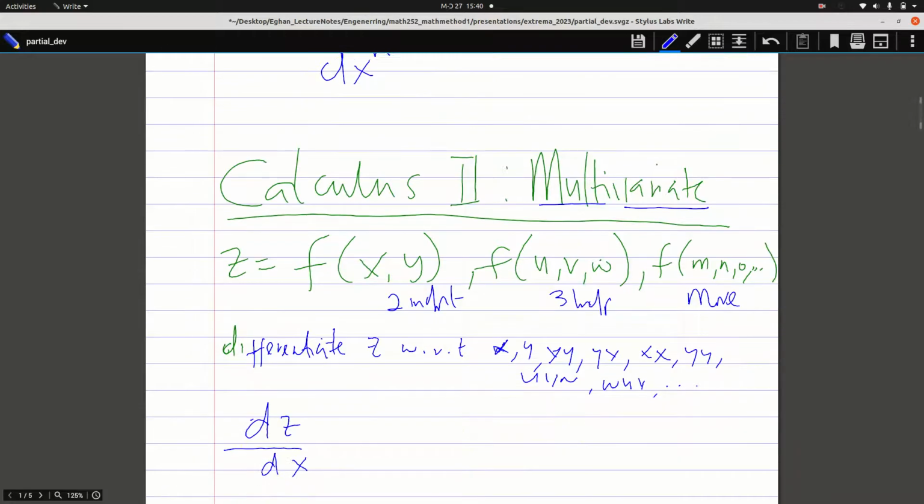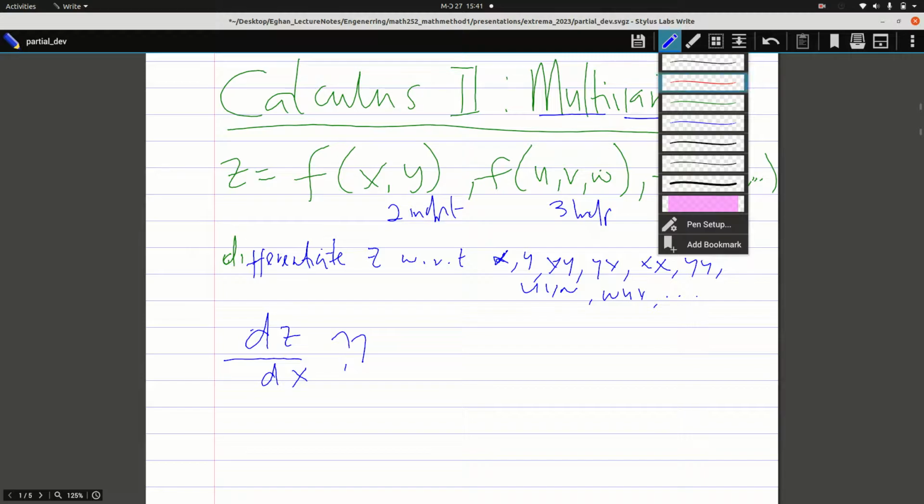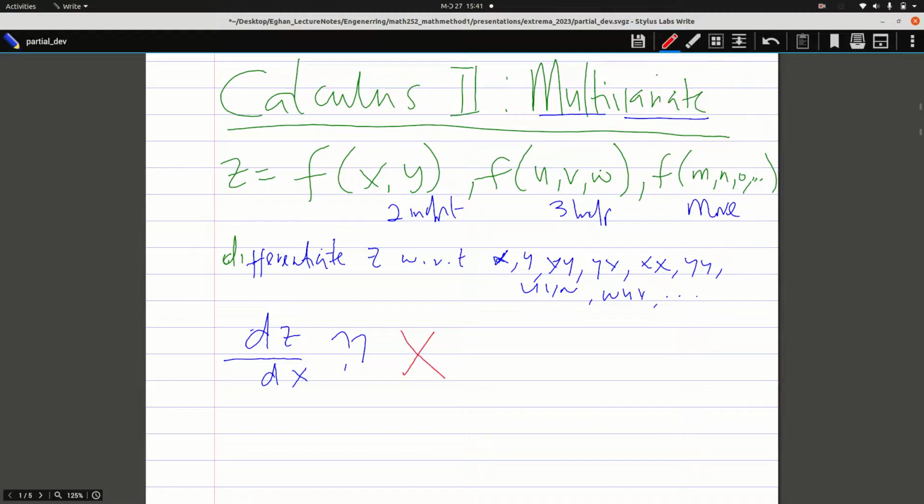So in this case, if I want to differentiate my function with respect to any of the variables involved, can I write it as a total derivative here? And the answer is big no. This is wrong. Because it has more than 1 independent variable, I need to have a partial derivative of it.